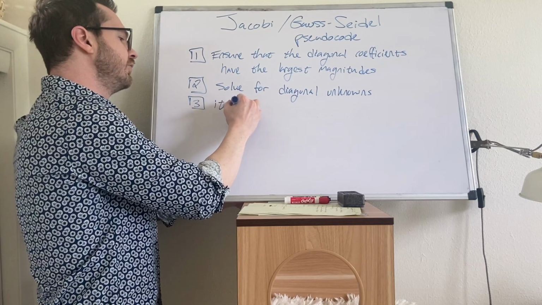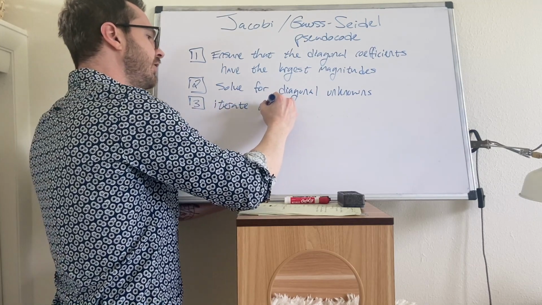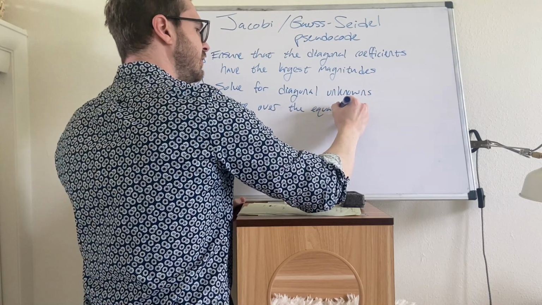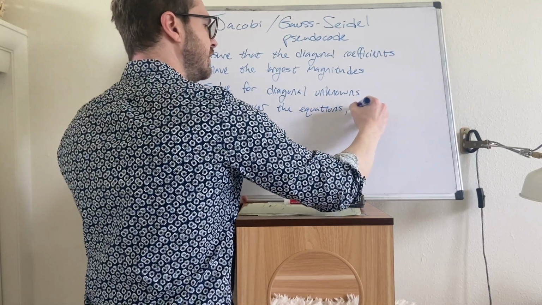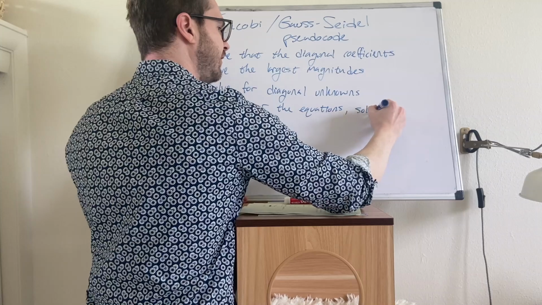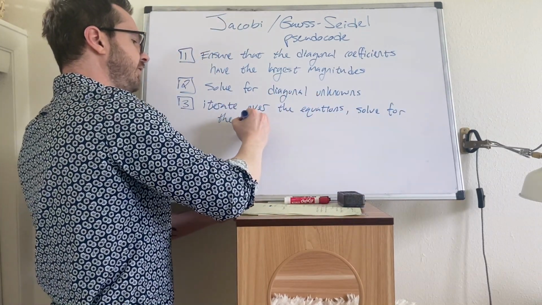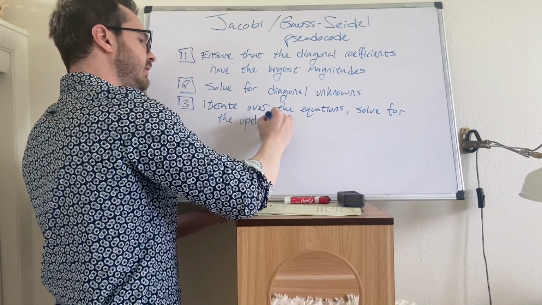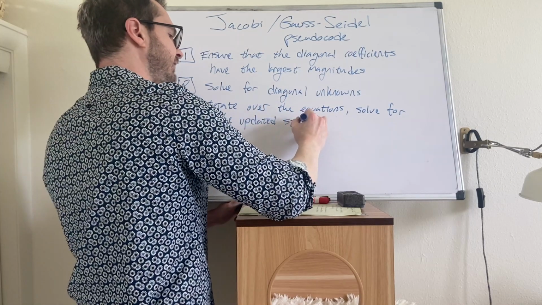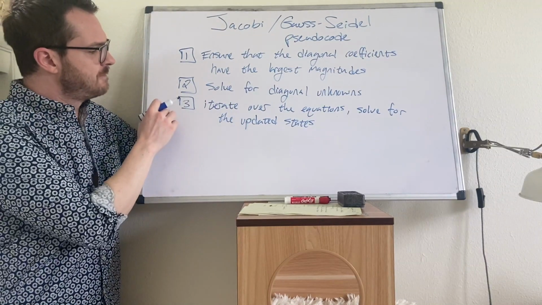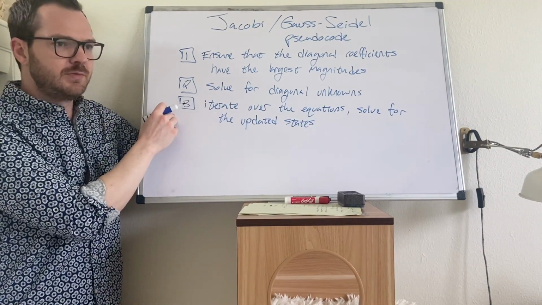Number 3, we're going to iterate over the equations and we're going to solve for the update, so the updated states. Now remember, when you do this, if you run it as a batch, you're doing Jacobi.